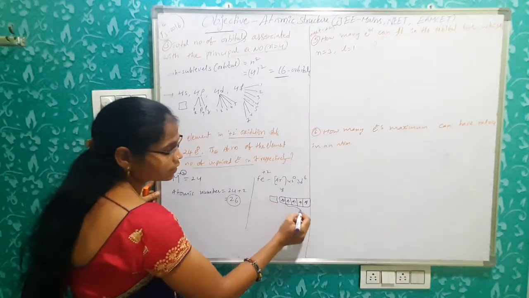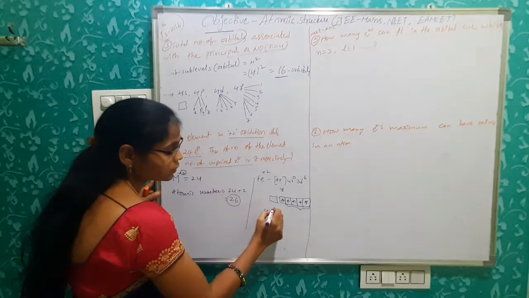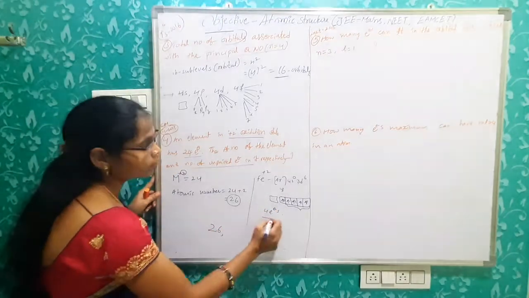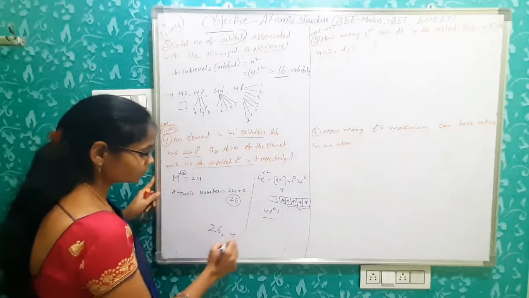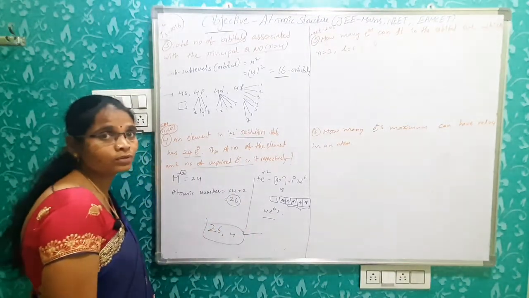How many unpaired electrons here? Without pairing, 4 electrons. So the atomic number of that element is 26 and the unpaired electrons are 4, respectively. You have to select this option, 26 and 4.